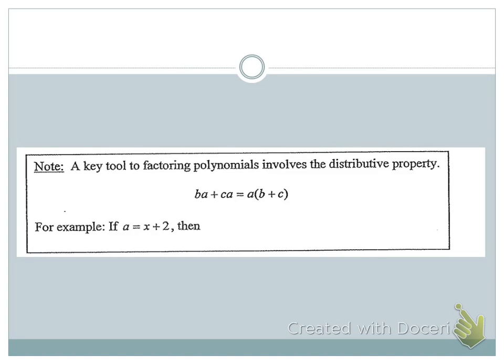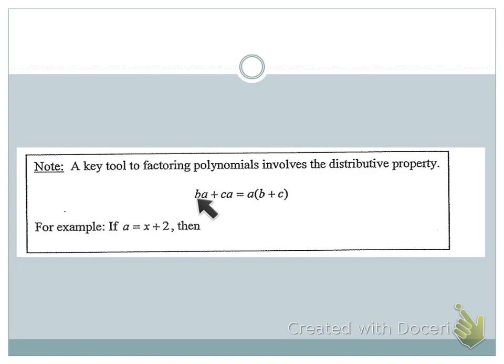All right, I know this is a little small, maybe hard to read from the back. It says a key tool to factoring polynomials involves the distributive property.